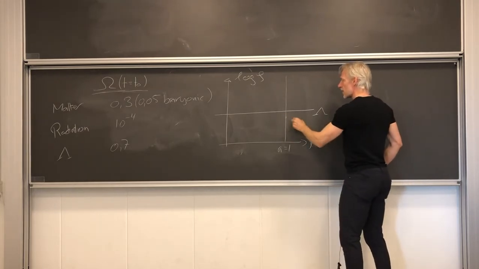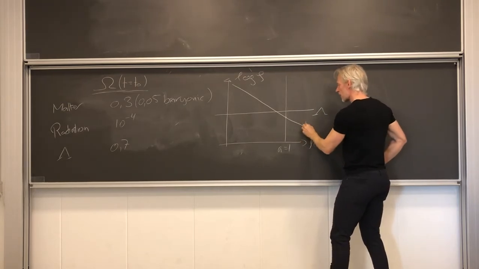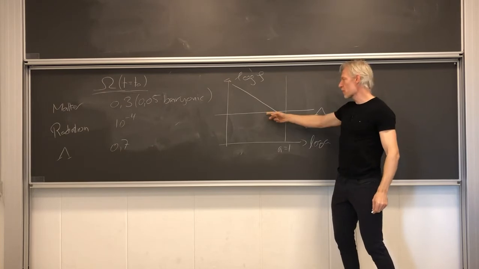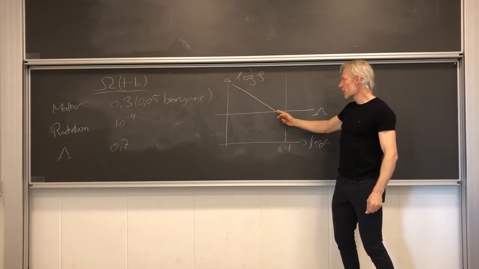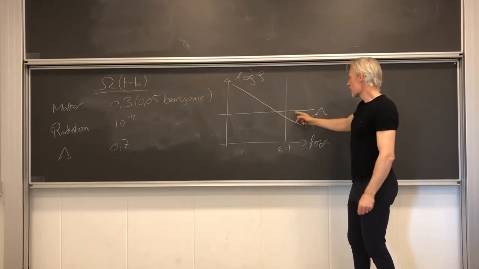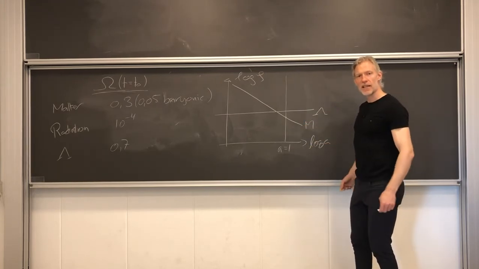Matter is a little bit less, so that might be this curve. But of course, it's quite easy to see that if we go back in time, very quickly we reach a point here where matter becomes more important than dark energy. Likewise, if you proceed into the future, eventually matter becomes completely negligible and it's just a dark energy dominated universe.